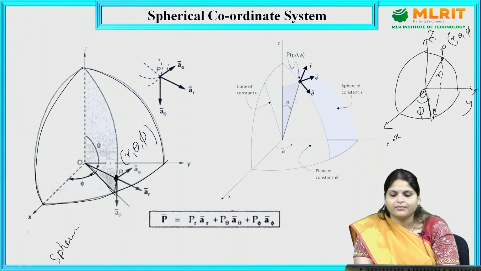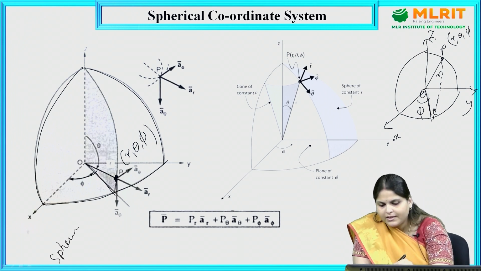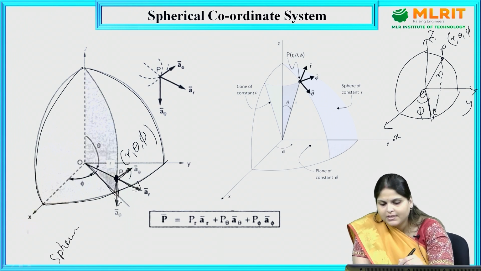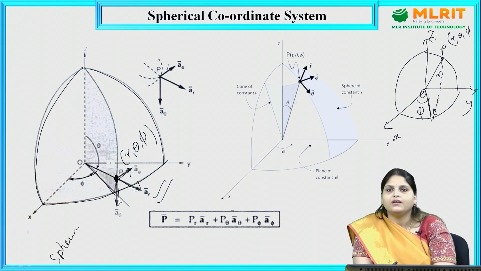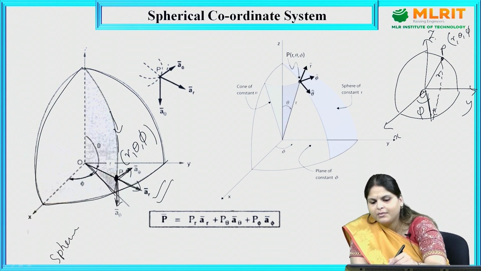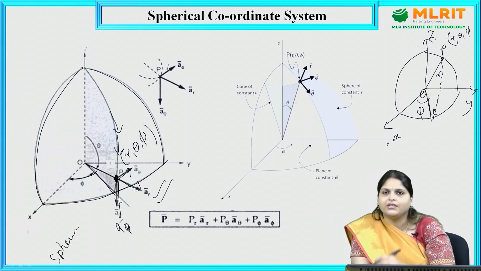And if you see here, we can see the unit vectors also. The unit vector in the direction of r is a r. The unit vector in the direction of phi is a phi, tangential, right?